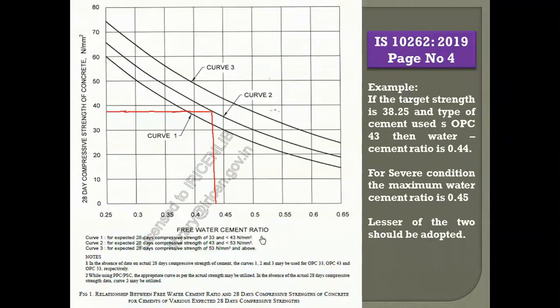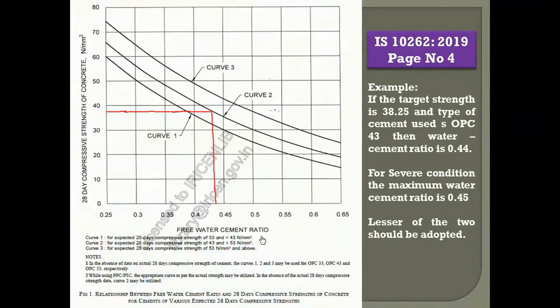When you get the value of the water cement ratio from the graph, it should be less than the maximum water cement ratio specified in the code book. If it is more than the maximum specified in the code book, then you have to adopt the maximum water cement ratio given in the code book itself.